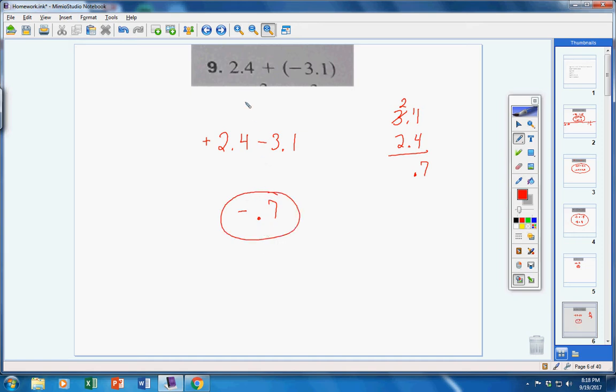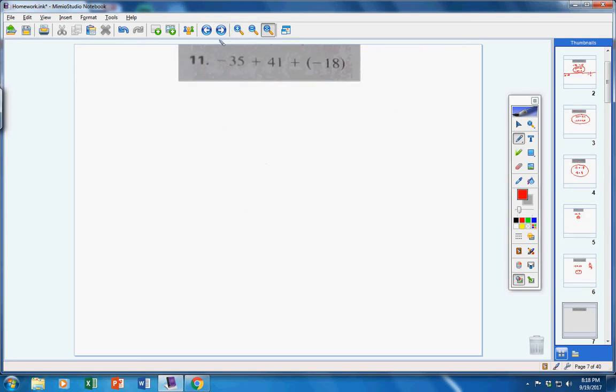Alright, let's take a look at number 11. I have a negative 35, a positive 41, and then I have an 18 with two signs. They're different, so 18 is negative. Okay?